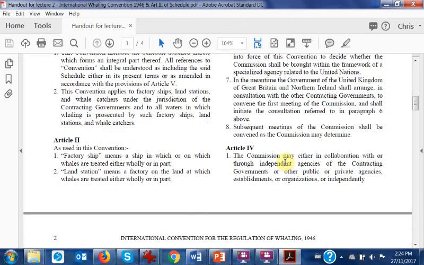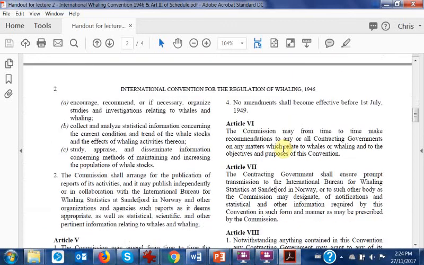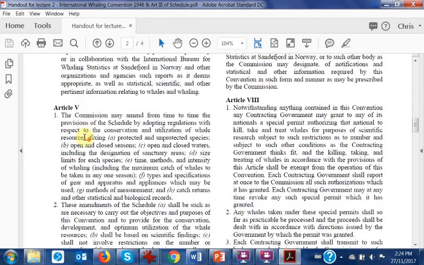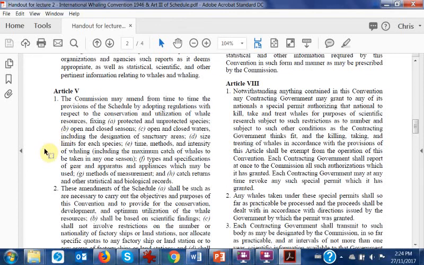And then Article 4, the Commission may either in collaboration with or through independent agencies, etc., encourage studies, etc. Then Article 5, the Commission may amend from time to time the provisions of the schedule by adopting regulations with respect to the conservation and utilisation of whale resources, fixing protected and unprotected species, open and closed seasons, open and closed waters. Okay, so the schedule is really important.